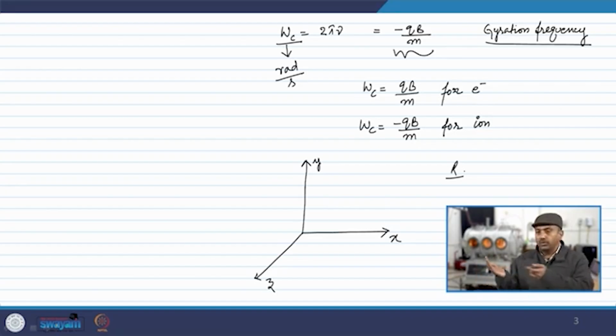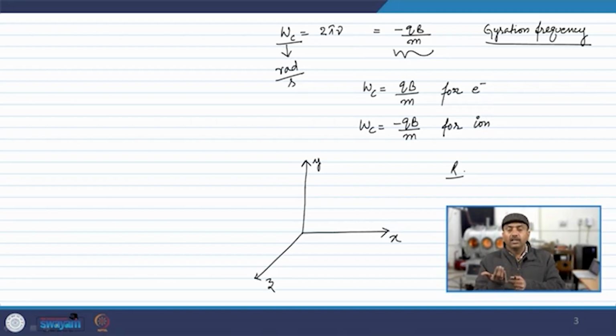Let us say you take your right hand and your thumb is pointing outwards, and the way the fingers are curling denotes the direction in which you should take x, y and z. And the magnetic field, when it is pointing out of the paper, you take it to be a dot, and when it is going inside, you take it to be a cross, right. So, this is the arrow that we are seeing, right.